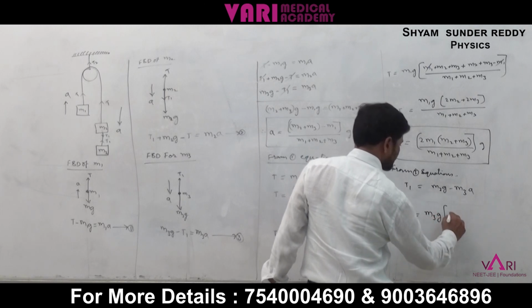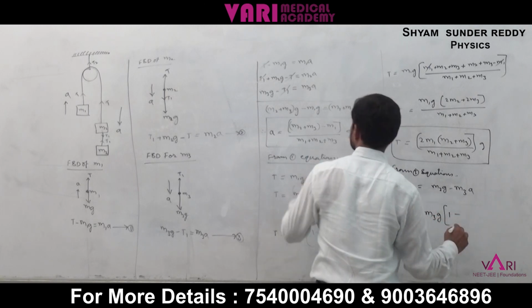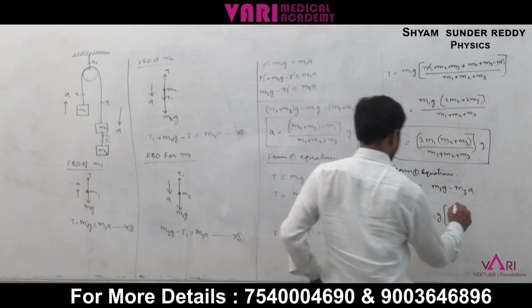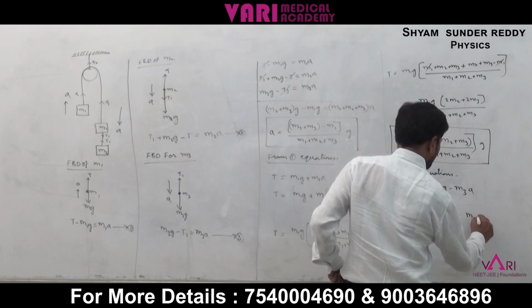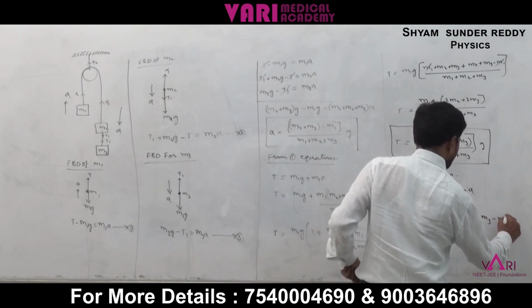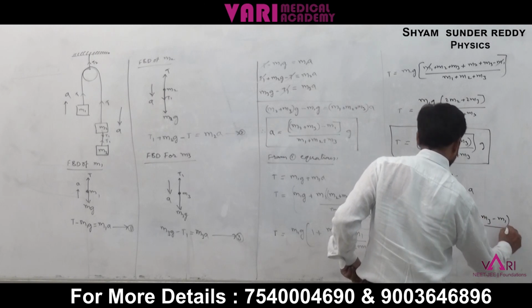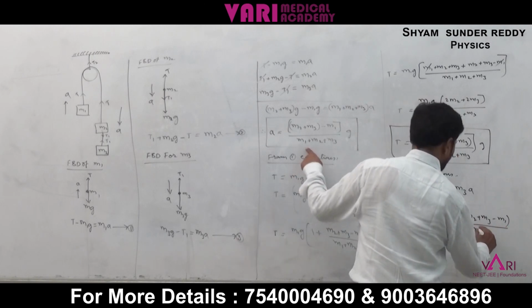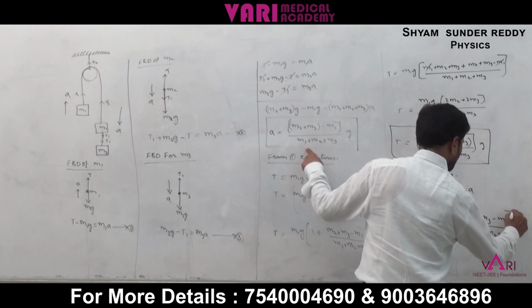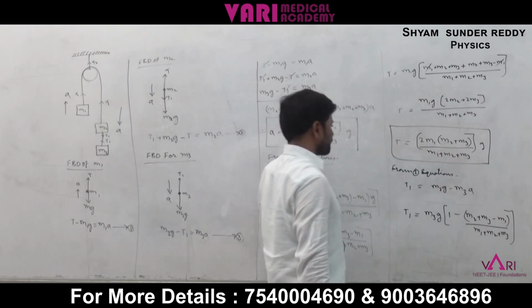Then we will get 1 minus (m2 plus m3 minus m1) divided by (m1 plus m2 plus m3) into g.